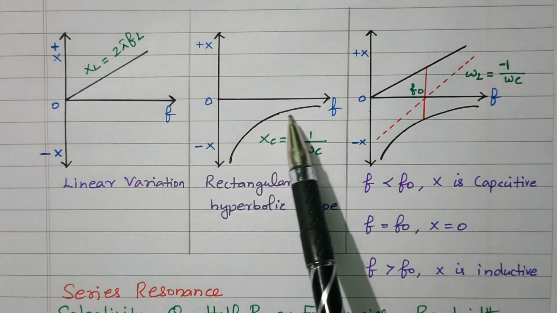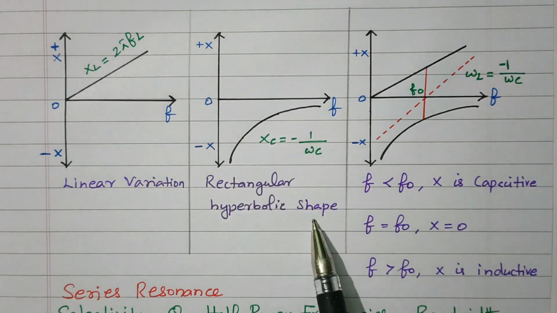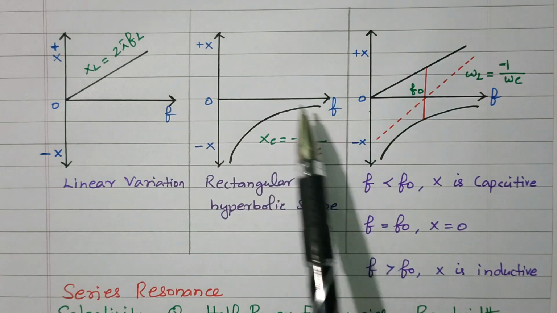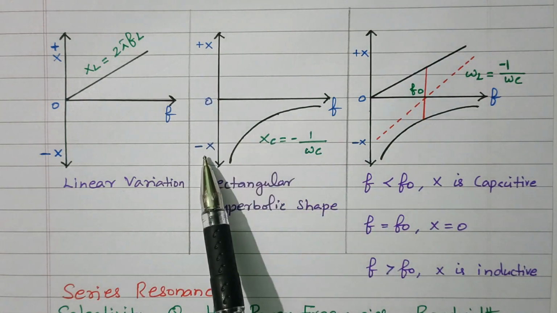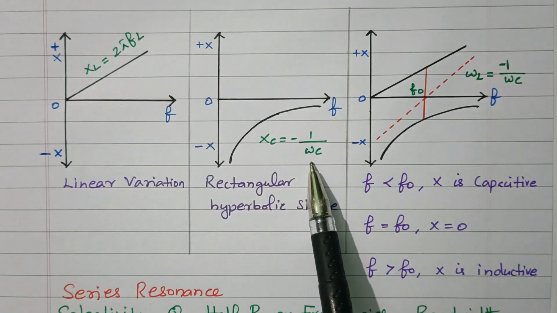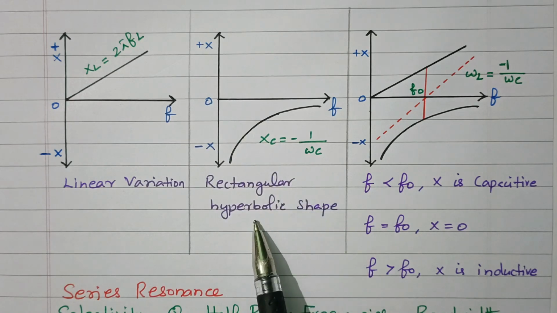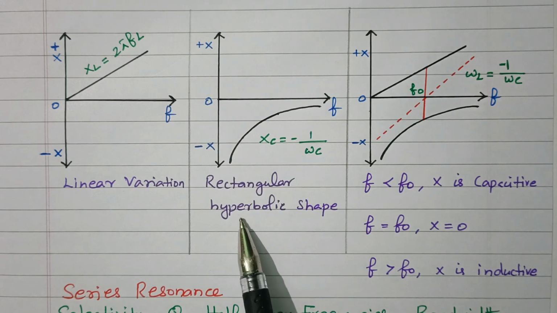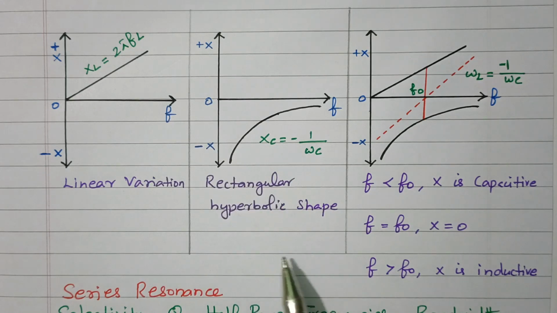So we get the rectangular hyperbolic shape, frequency versus reactance, plus X minus X. X equal to minus 1 divided by omega C. In the case of capacitive, we get the rectangular hyperbolic shape.